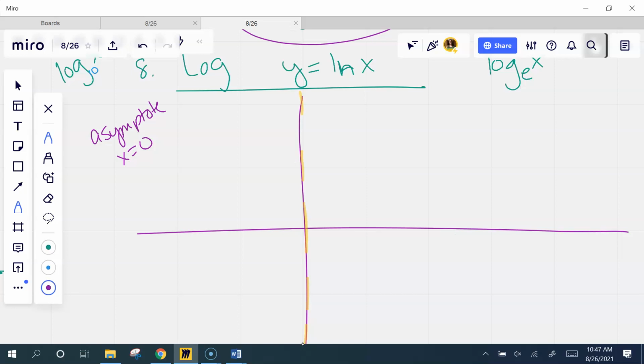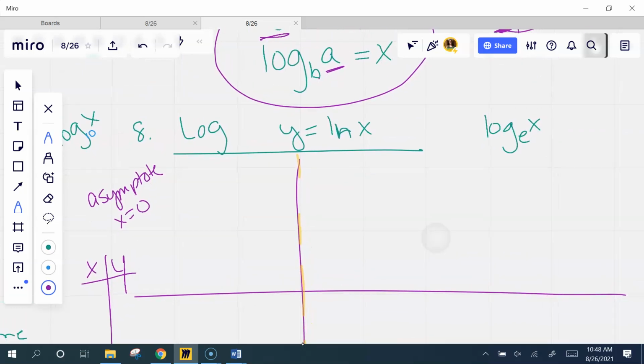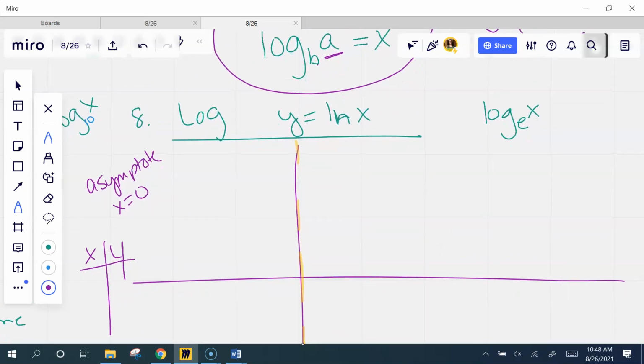I'm going to need 2 points, at least. And I need to think about how logs work as far as exponents, okay? If you remember when we graphed these, I always told you the easiest thing to do was to make the base and this number match. So put in an E, right?